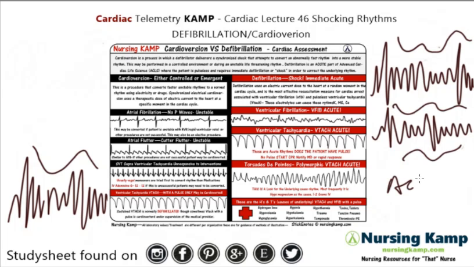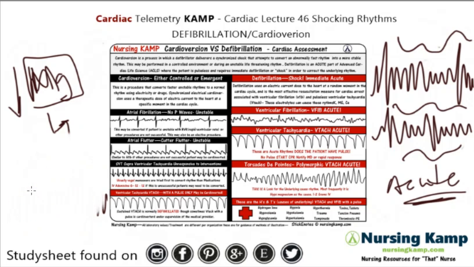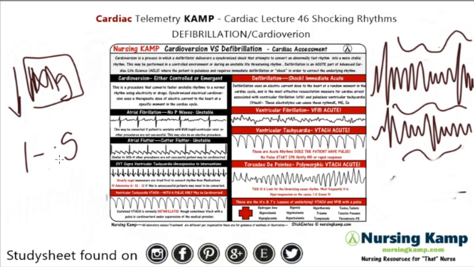This is acute, and it's usually because of low magnesium. A lot of times patients on a lot of diuretics and stuff like that get hypomagnesemia. And the treatment for hypomagnesemia is treat the underlying cause, 1 to 2 grams of magnesium.